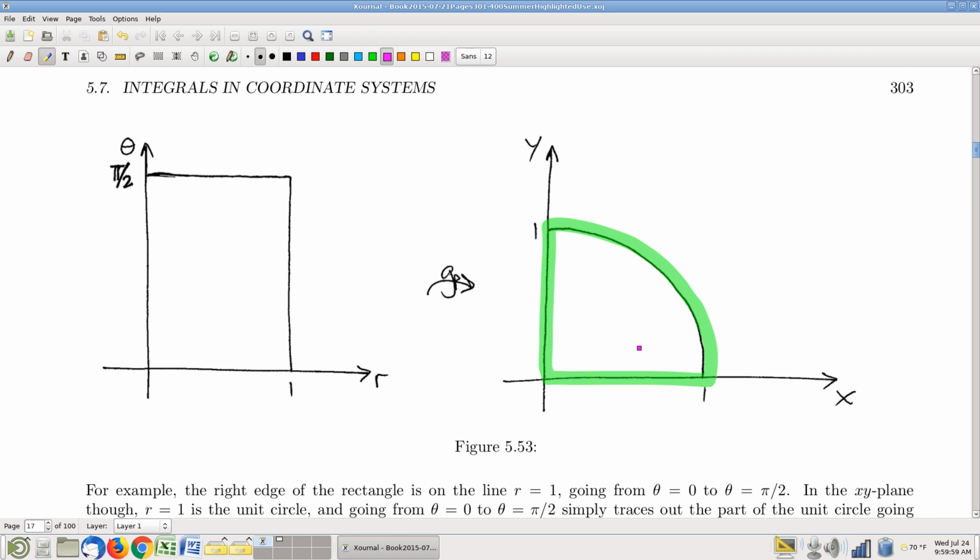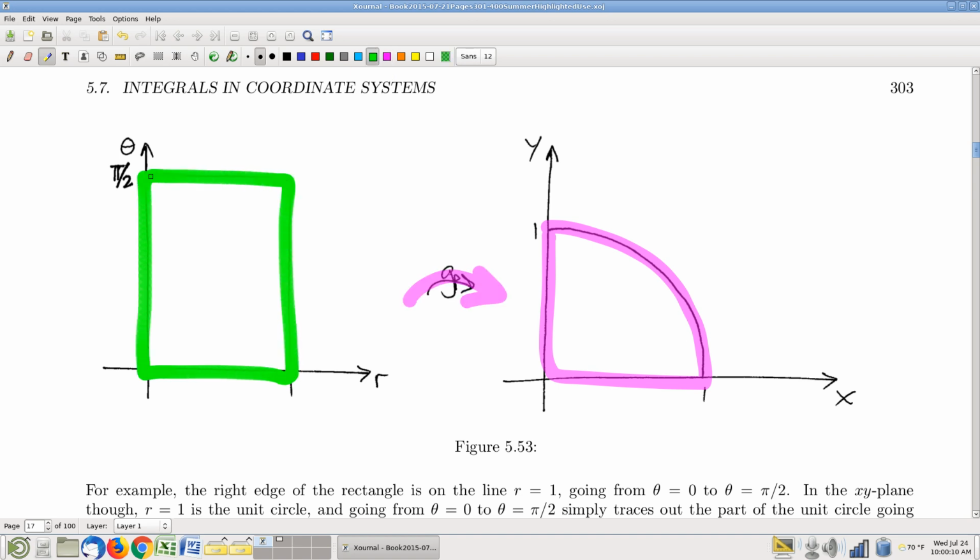Okay. All right, so here's the thing. I claim that this undesirable domain is the image of a much more desirable domain over here in the r theta plane, doing a pullback through our polar coordinates change of variables function.